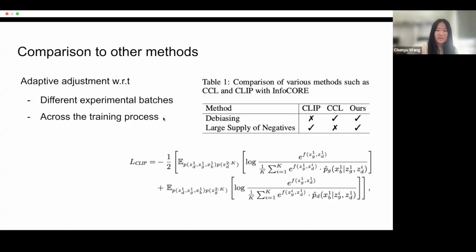Also across the training process, if in the later stage of training the batch confounder has already been mitigated from the latent representations, then we will see the reweighting factors become constant, and the model no longer over-reweights the different samples.